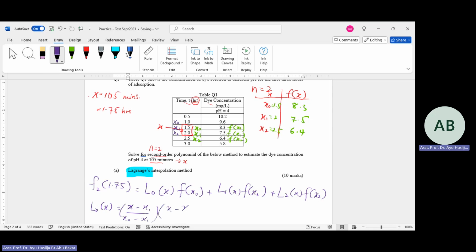Start with x1, then x2. Then substitute your values of the x's.